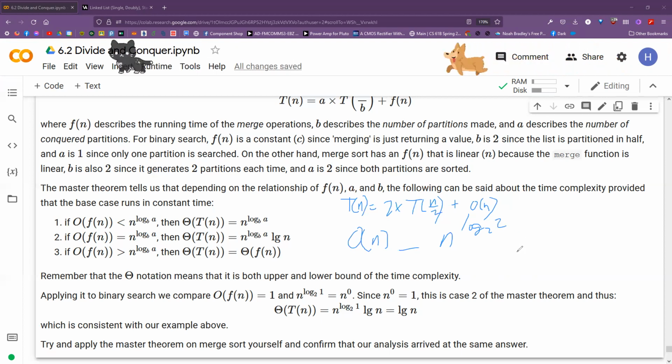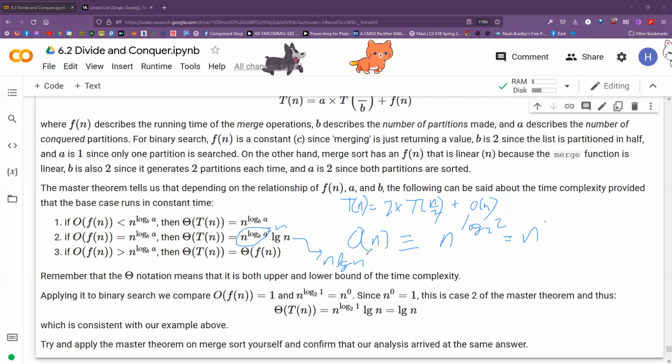So what we get here is log base 2 of 2. This is equal to n to the 1. And we again get equal. And then since this is equal to n, our time complexity is n log n, which is consistent din sa ating examples. So, ayun, medyo wala tayong variety. Lahat sila of the second case.